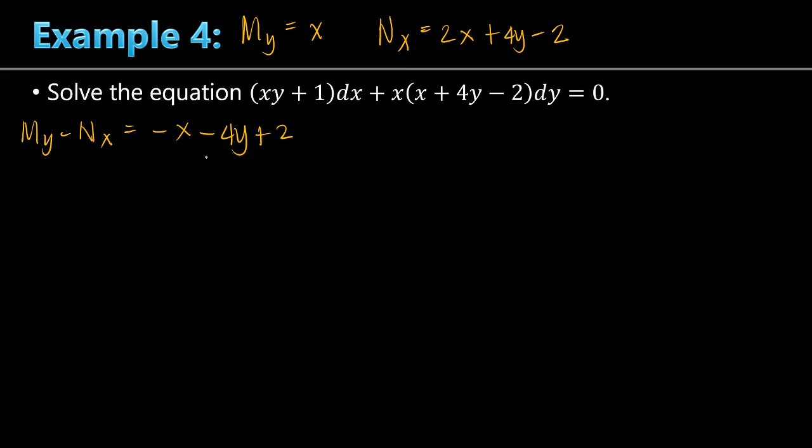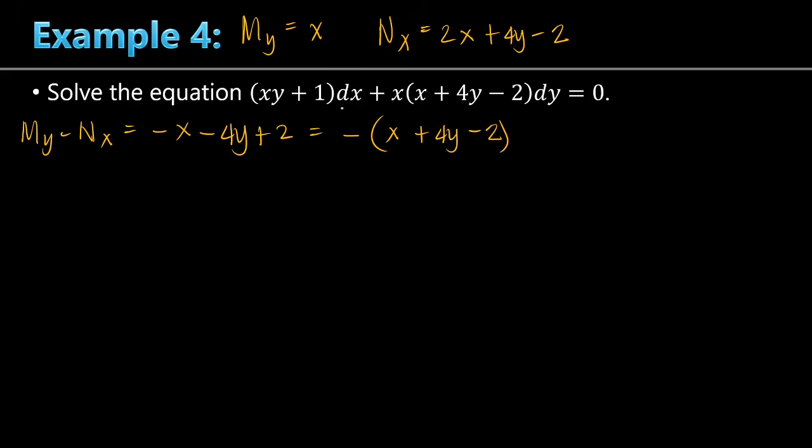Ang sunod na gagawin is to divide this either by M or N. Ito ang gagawin kong pan-divide. Bakit? Kasi magkamukha sila, oh. Gawin ko lang yung M_y minus N_x ko ay negative of x plus 4y minus 2. O, diba? So, kapag yung M_y minus N_x ko, nilabas ko yung negative sign, kamukha na nun. So, dito ang gagamitin kong divisor ay N. Diba?